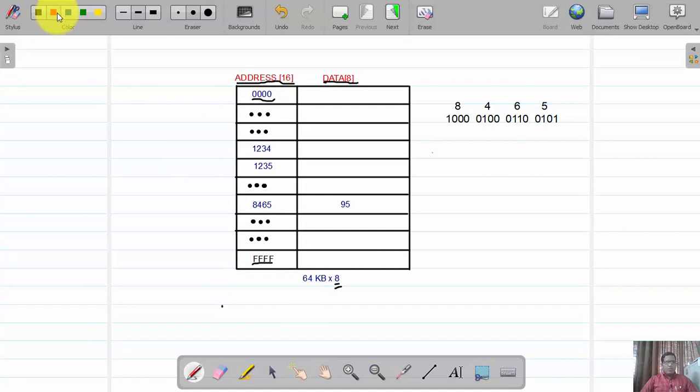Now consider one simple location. Suppose we focus on this specific location, say 8465, and at this location the data 95 is stored. And as we know, when we are talking about 8465, its binary equivalent values are like this.